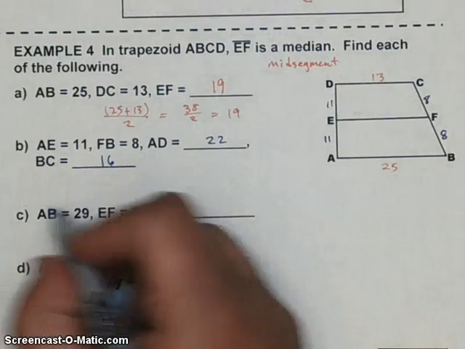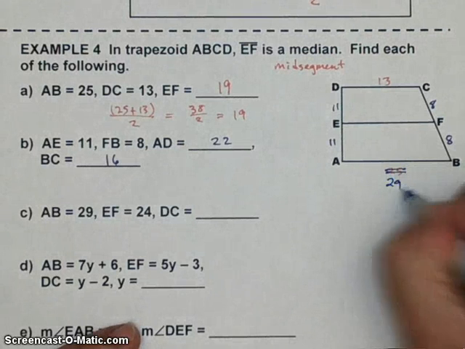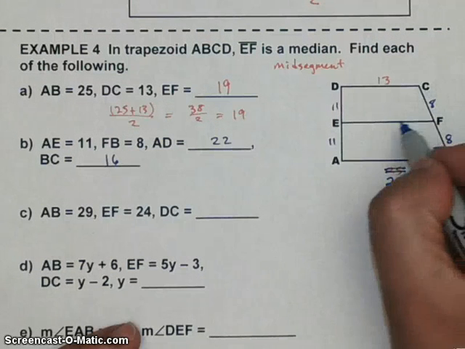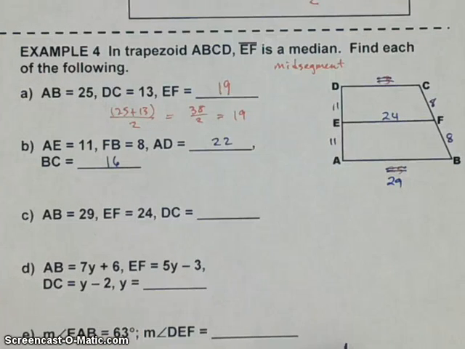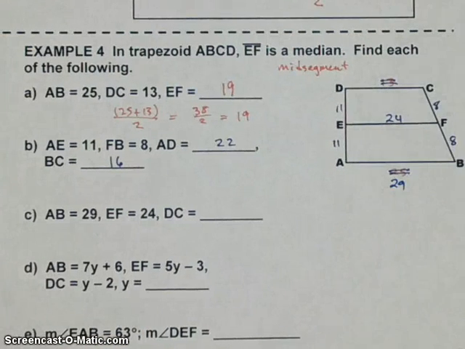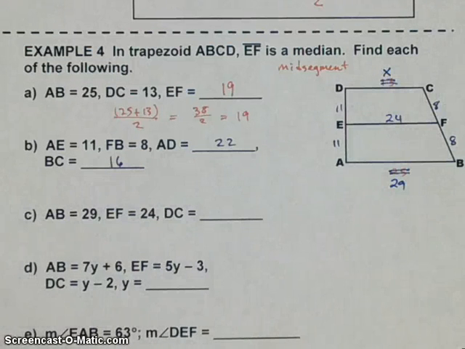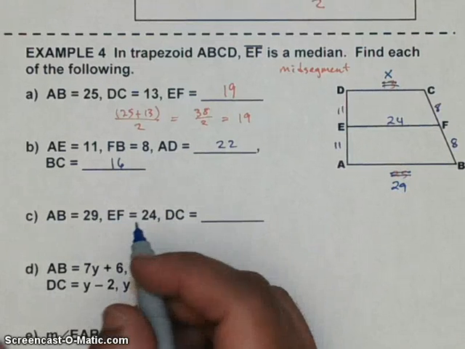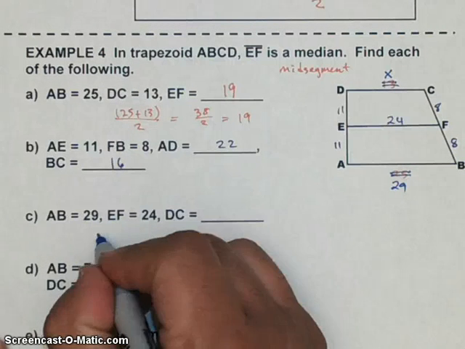All right, now let's change things up. So now I'm saying that AB is 29 and EF is 24. I want to find DC. So for this, I'm going to let DC be x, and we're going to solve for x. So let's say I know the midsegment is 24.